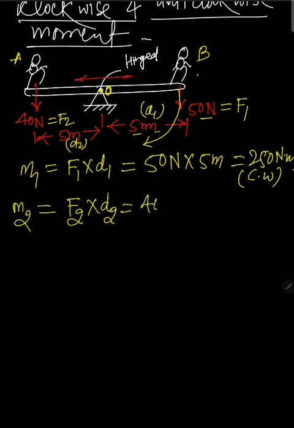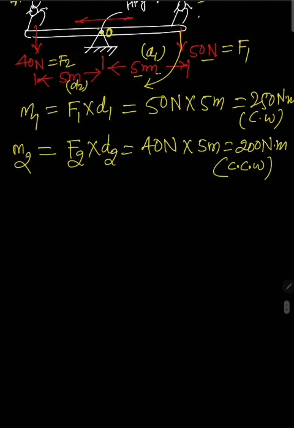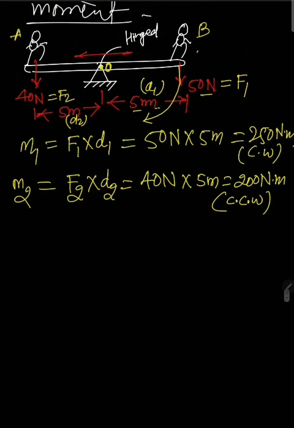So our F2 is 40 Newton into our distance 5 meter, so it will come 200 Newton meter. And this one is anti-clockwise, or we can write counter clockwise. So this one is called clockwise moment and anti-clockwise moment.